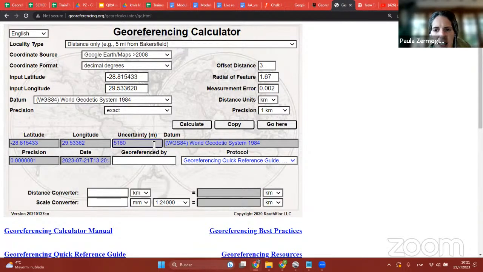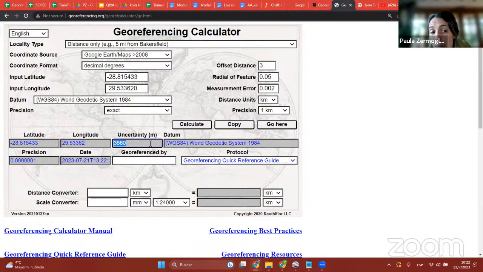Okay, let's analyze that of the radial of the feature. The radial of the feature does contribute here. So, for example, if the radial was much smaller, let's put 0.5, the uncertainty would go down by 1,000 meters, by a kilometer. If the radial was even smaller, I'm exaggerating here, we will go down also in the uncertainty.